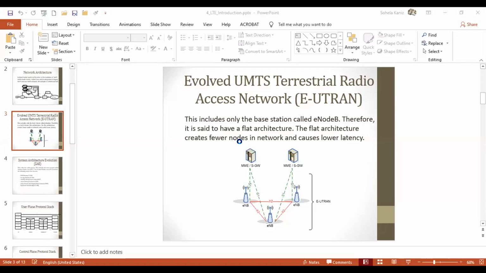Secondly, when you do handover, there are advantages because of the direct connection between the base stations. These things we'll explain in detail later. Secondly, you have some advantage in terms of latency. Latency means how long you take to transfer your data. Since you don't have any intermediate component, you can communicate with the core network quicker. So these are the major advantages.